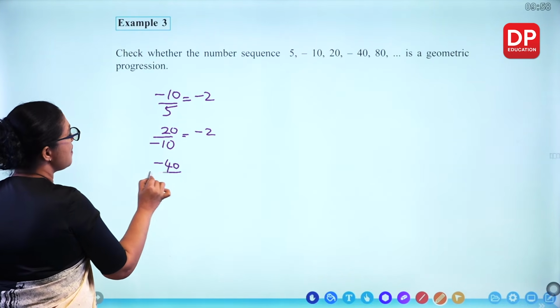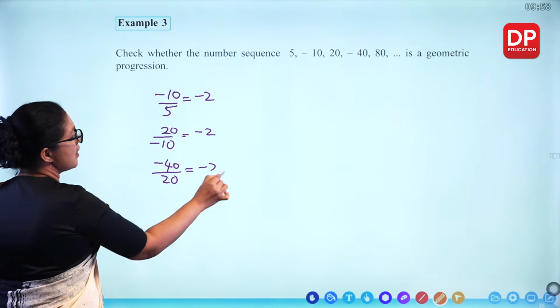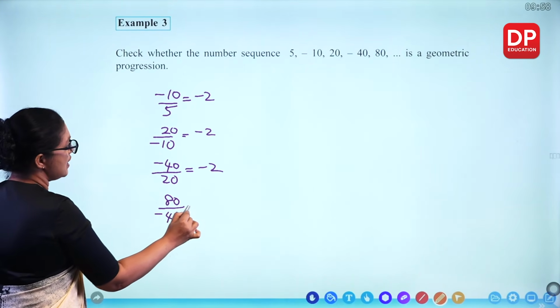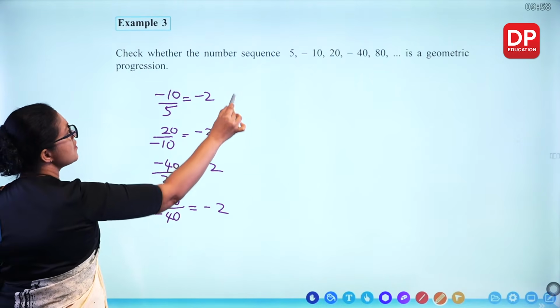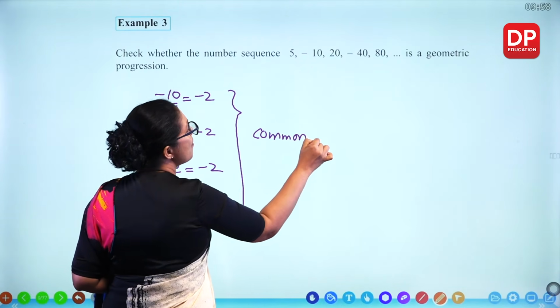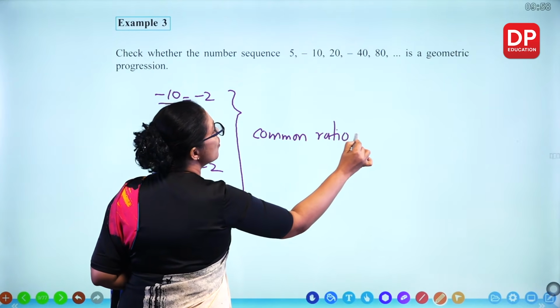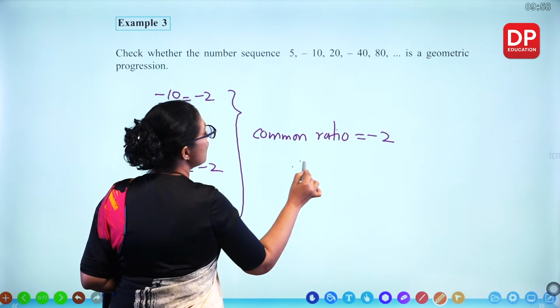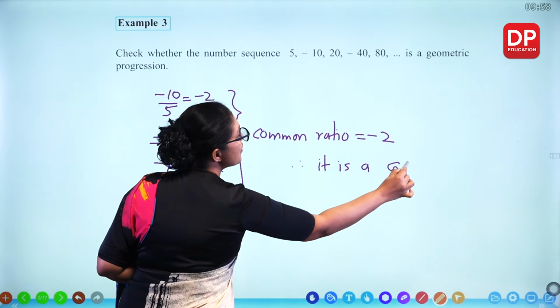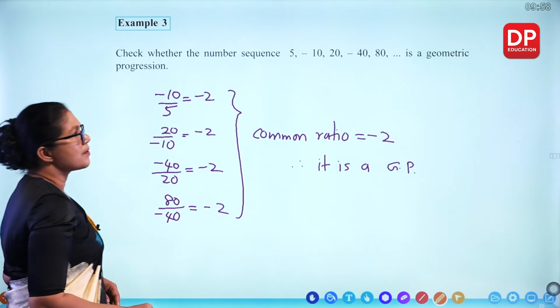Minus 40 divided by 20, you get minus 2. 80 divided by minus 40, again minus 2. You are getting common ratio minus 2. Therefore, it is a geometric progression.